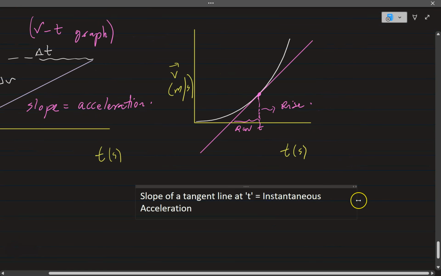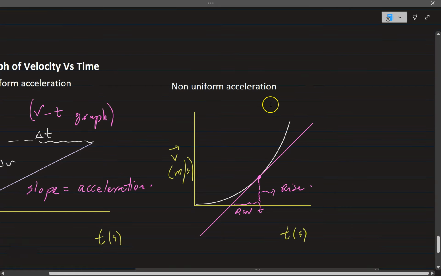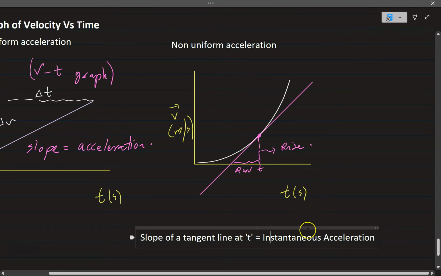Make sure you remember this because it's very important. That's the only information that you can get for the purpose of this unit. Whenever you have a non-uniform acceleration, you can get the instantaneous acceleration out of that.